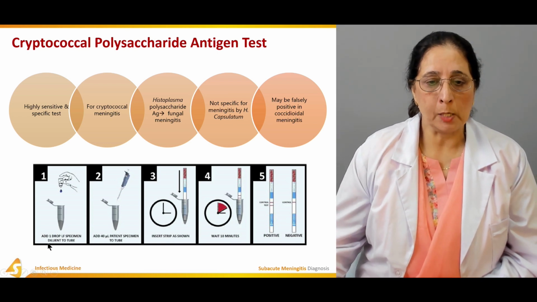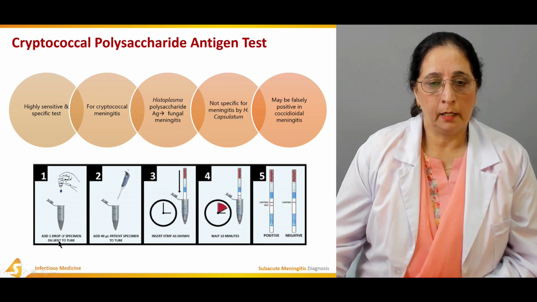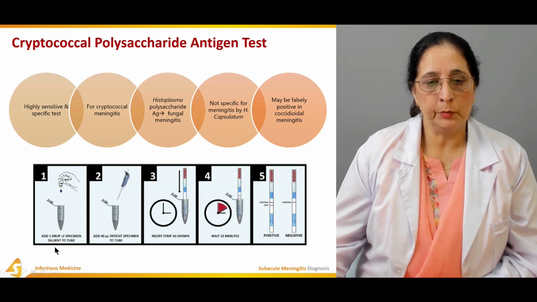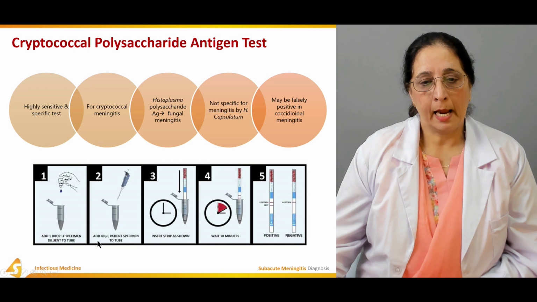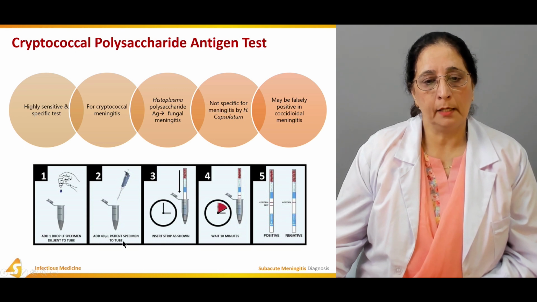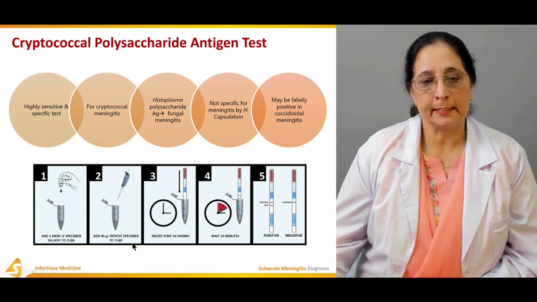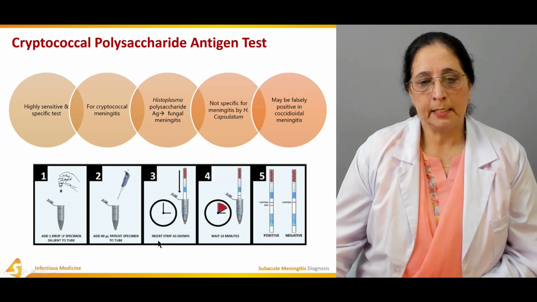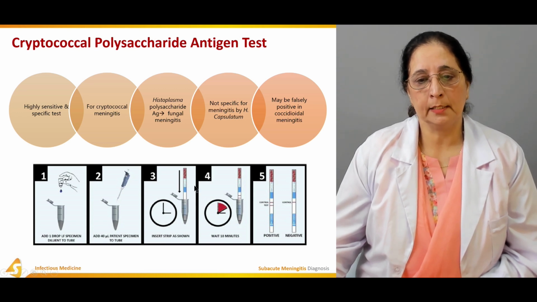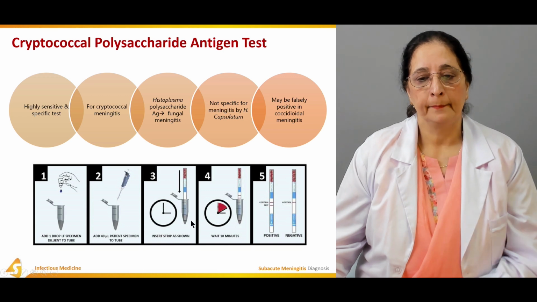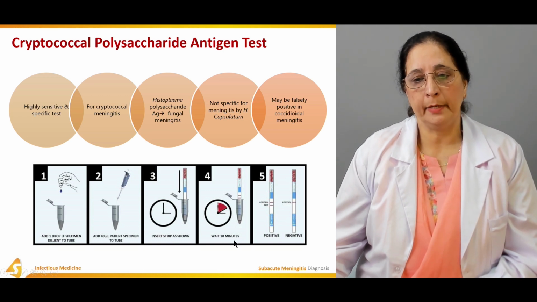In this test, add 1 drop of specimen diluent to the tube. Add 40 microliters of patient specimen to the tube. Insert the strip here, and then wait for 10 minutes.